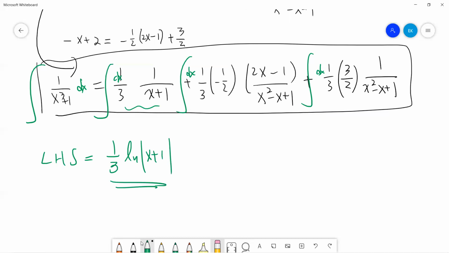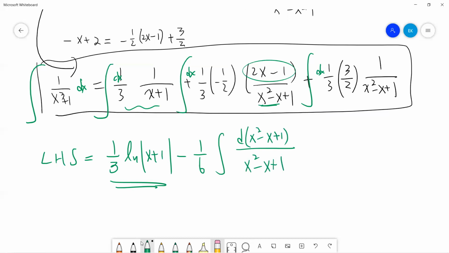And also this one is negative 1 divided by 6 times the integral of 2x minus 1, which is the differentiation of x squared minus x plus 1, over x squared minus x plus 1. So this term plus this term, we may need to find a way to calculate, but it should be easy.